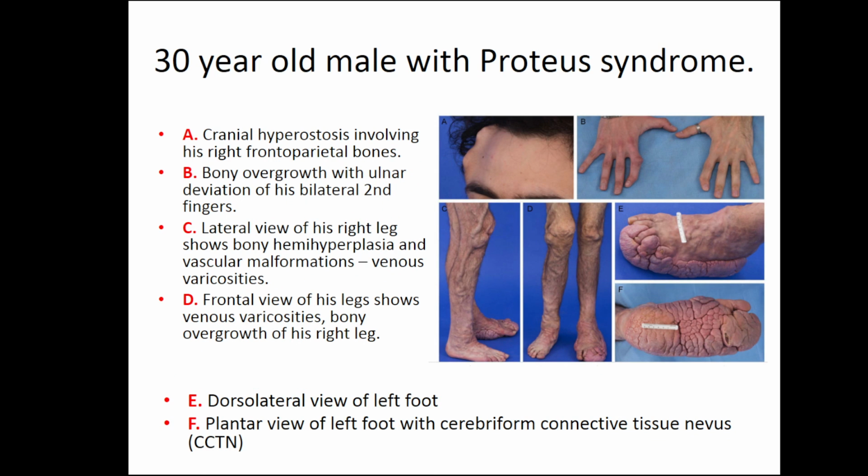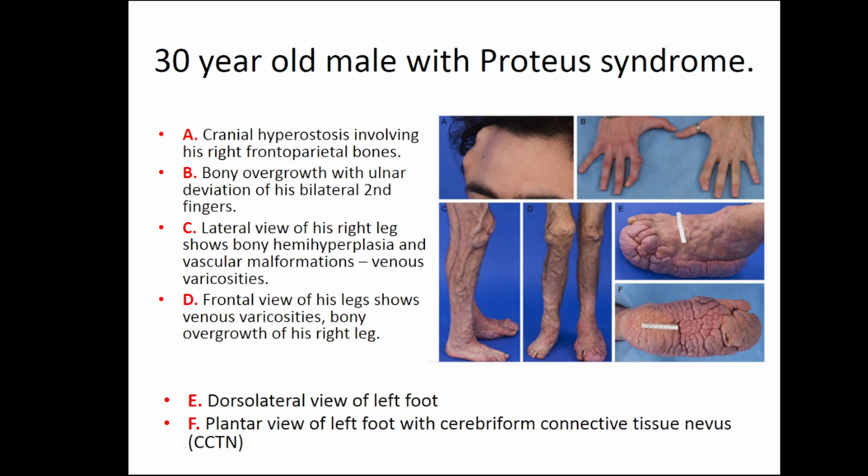Next example is a 30-year-old male with Proteus syndrome. Photo A is cranial hyperostosis involving his right frontoparietal bones. B, bone overgrowth with ulnar deviation of his bilateral second fingers.